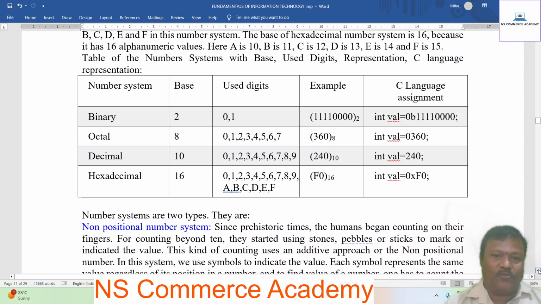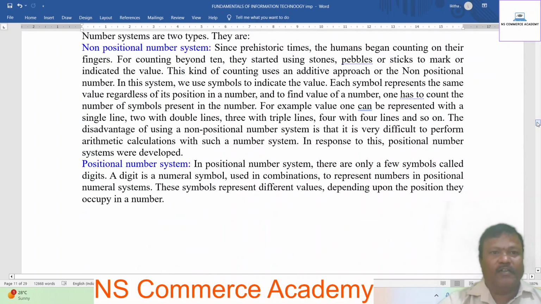Number systems are of two types: non-positional number systems and positional number systems. Non-positional number system: since prehistoric times, human beings began counting on their fingers. For counting beyond 10, they started using stones, pebbles, or sticks to mark or indicate the value.